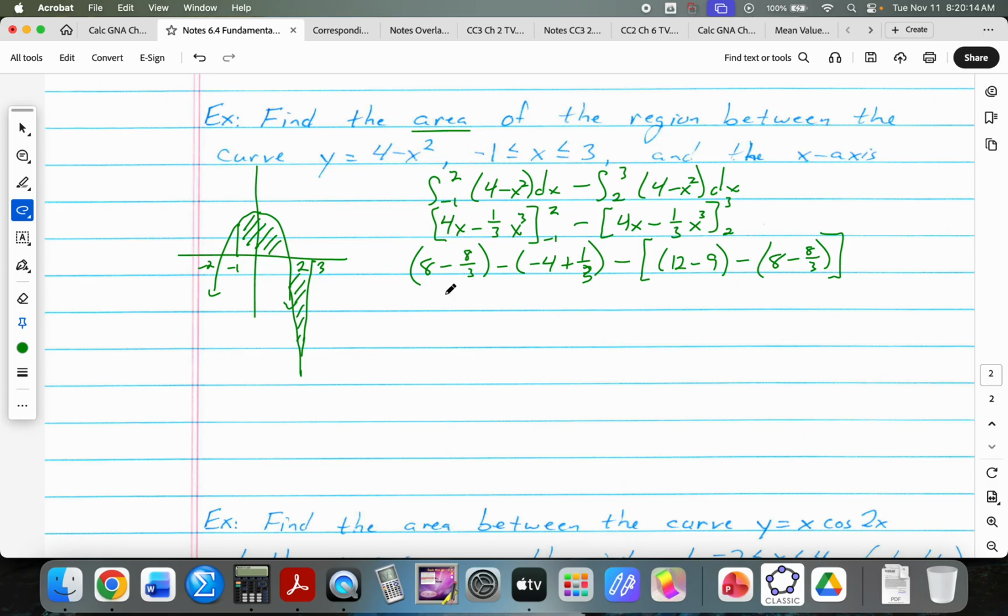Okay? So I'm just going to simplify without adding anything together yet. 8 minus 8/3 plus 4 minus 1/3 minus, I'm going to go ahead and add those two together, minus 3 plus 8 minus 8/3.